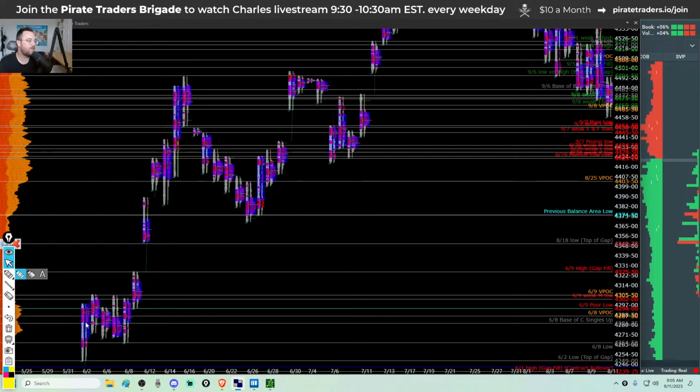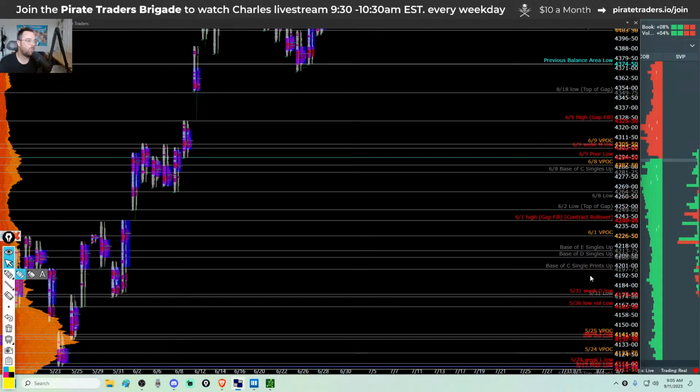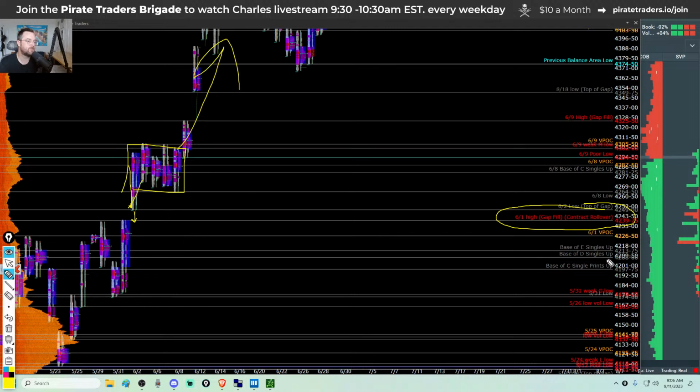So if you recall that previous time when we rolled over, we partially filled the big gap that day. We came back down and tried to fill the large gap that we had created from that contract rollover, but we could not fill the gap. The market came back up, rotated for a few days, building a balance area, and then broke out to the upside. We never came back and filled that gap from the rollover from one contract to another.